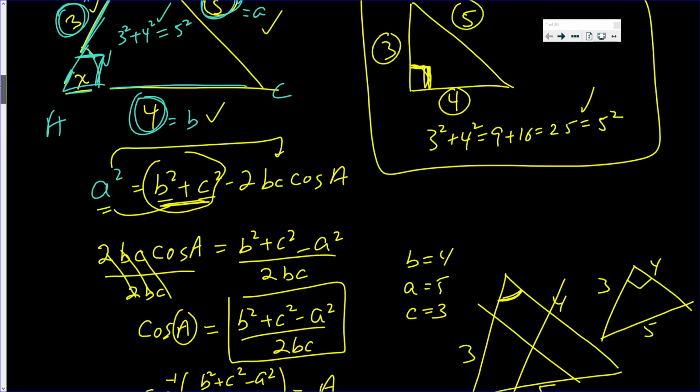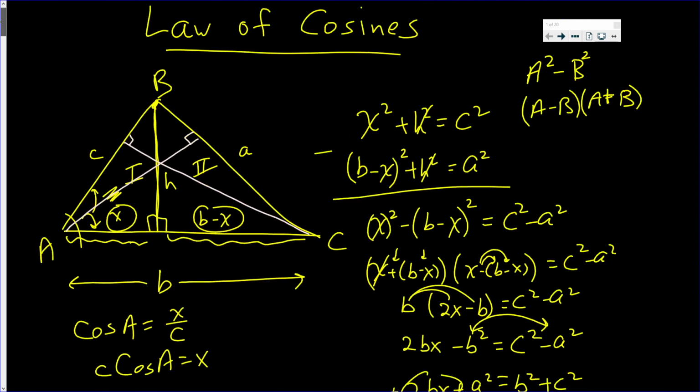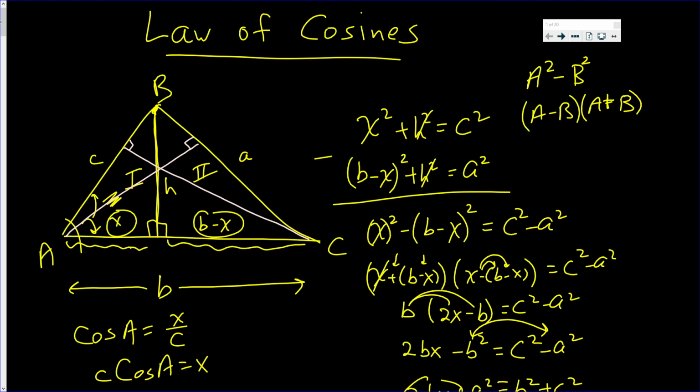After all, when we went to prove or derive the law of cosines, we made a right triangle. And then we used the Pythagorean theorem. One leg squared plus the other leg squared equals the hypotenuse squared. That was from triangle 1.